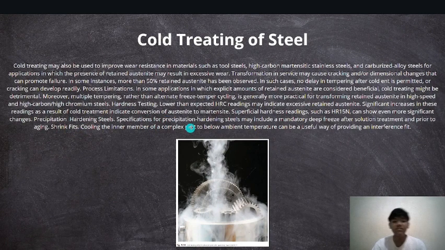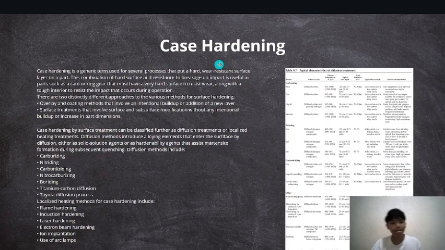Specifications of the precipitation hardening steels may include a mandatory deep freeze after solution treatment and prior to a shrink fit. Cooling the inner member of a complex part to below ambient temperature can be a useful way of providing an interference fit.